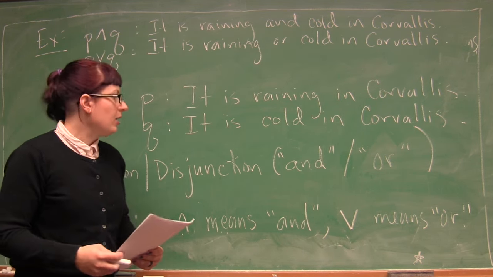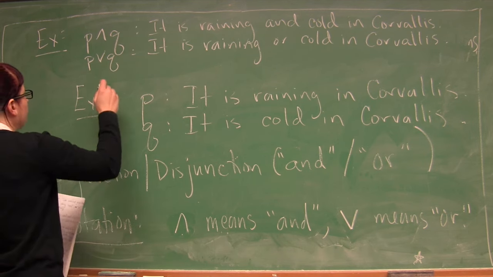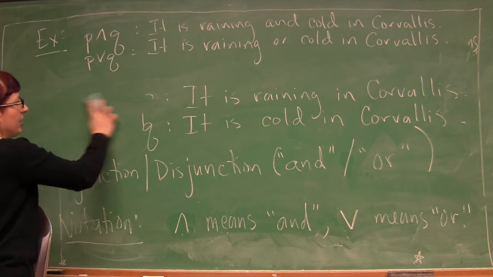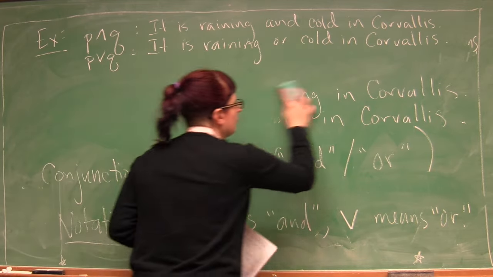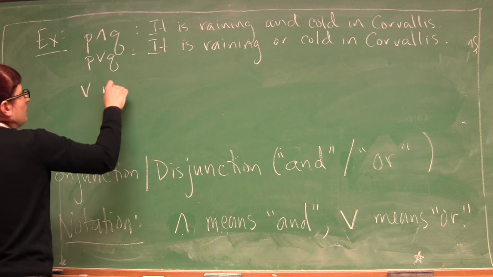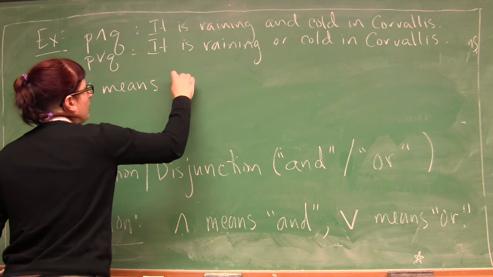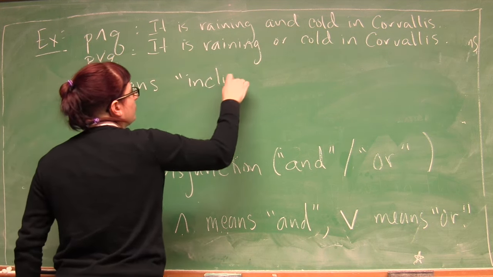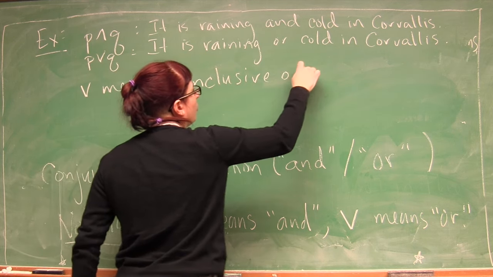inclusive or. And we have a different symbol that we'll use for exclusive or. So the V means inclusive or.